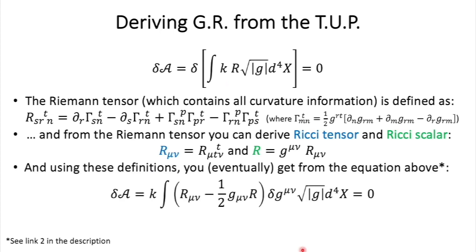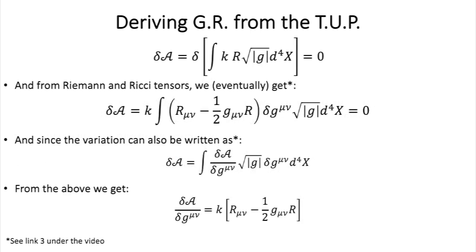And by the way, since we want the variation to be equal to 0 for any metric we use, that will imply that this is equal to 0, which is the case when there is no mass energy, in other words, in a flat spacetime. So from this and from the Riemann and Ricci tensors, we eventually get something like that. And of course, I'll give you some links if you want to look into that a little bit further.